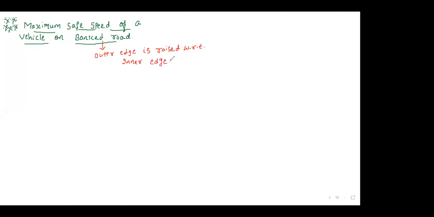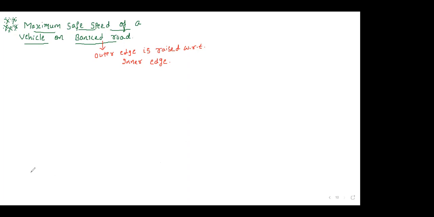Outer edge of the road is raised with respect to inner edge. Students, here you have to be very careful while drawing the diagram. If you understand the diagram, half of the headache is cleared.